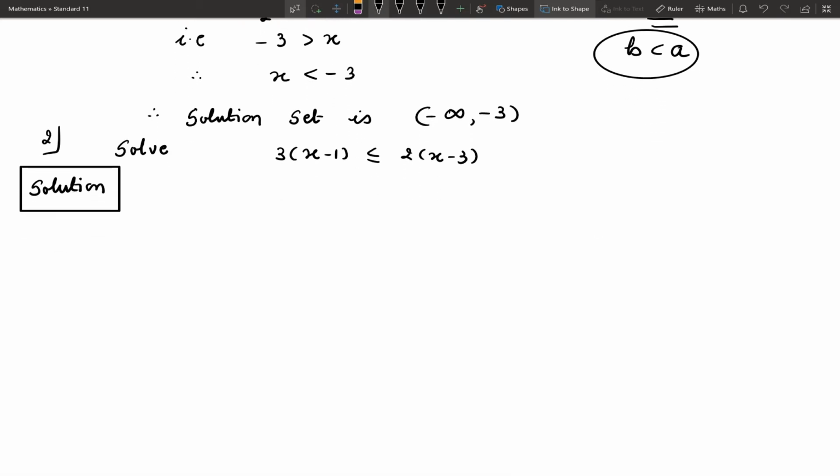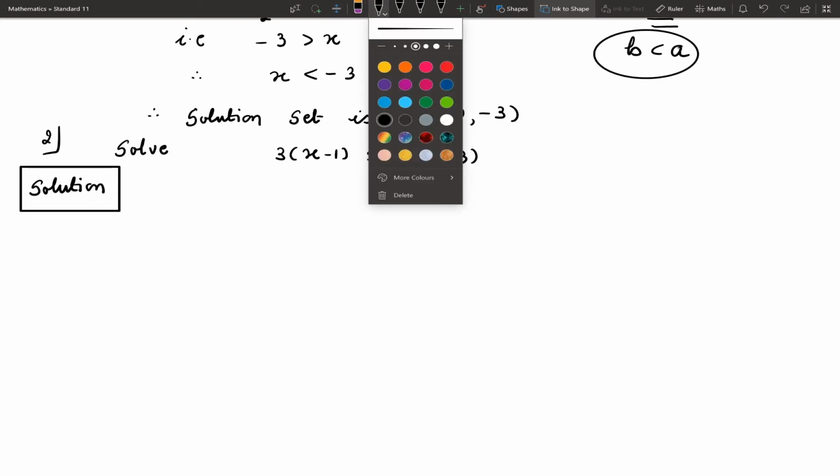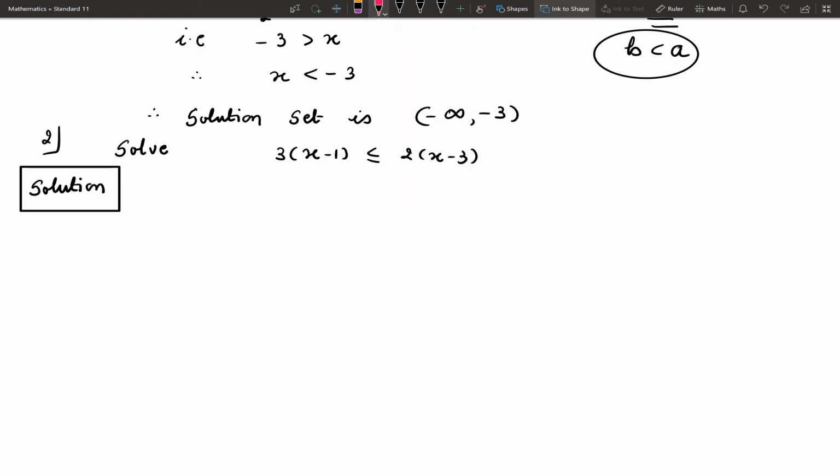We have given 3 into x minus 1 less than or equal to 2 into x minus 3.